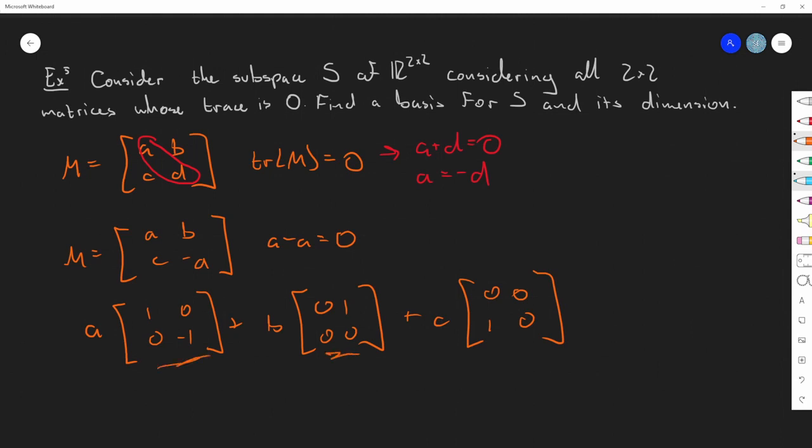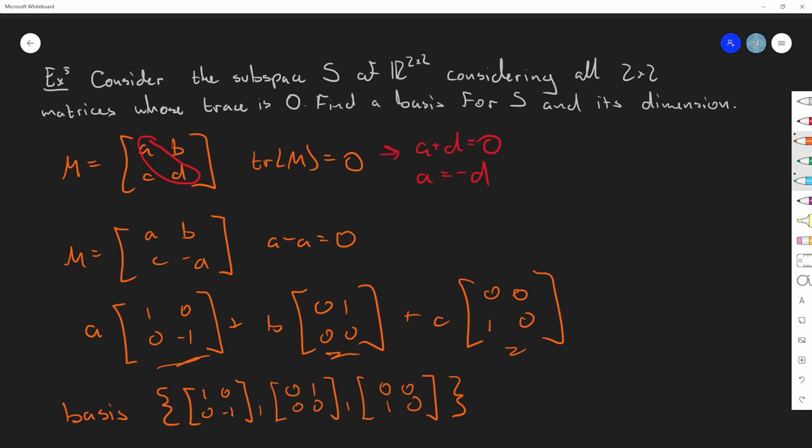This is gonna be our basis. So our basis is going to be [1 0; 0 -1], [0 1; 0 0], and [0 0; 1 0].